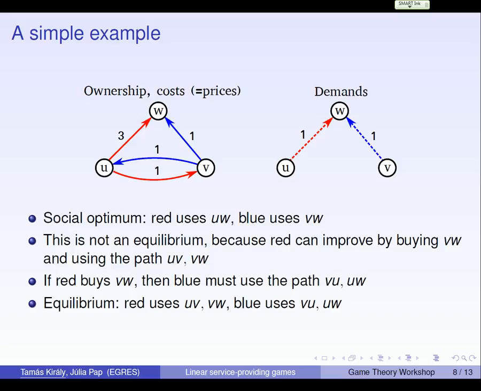Now, if red buys this arc from blue, then blue actually must use this path, so VU, UW. So the equilibrium is that red uses the UVW path and blue uses the VUW path.